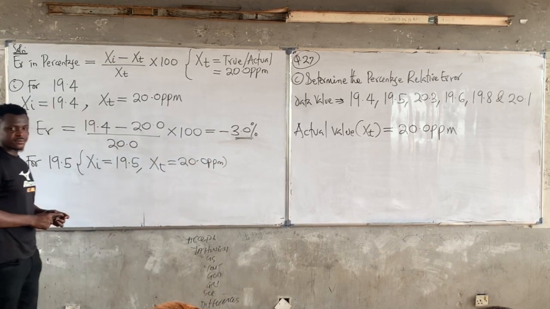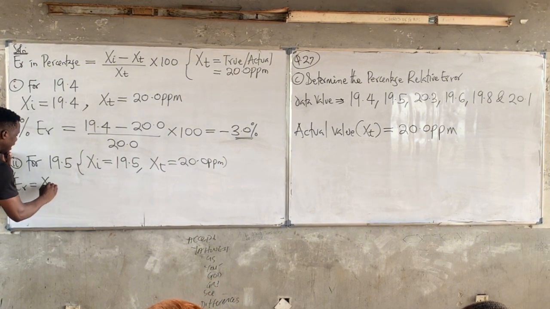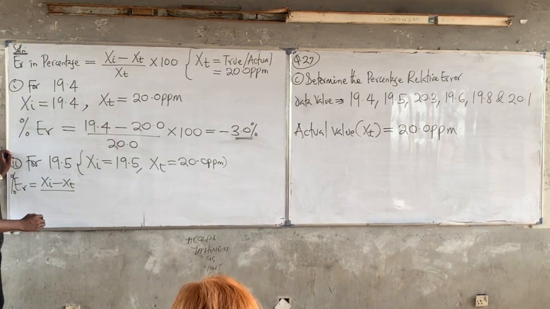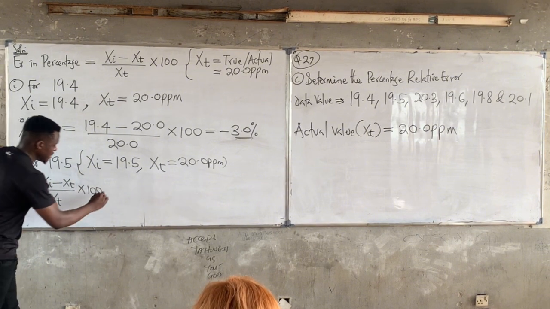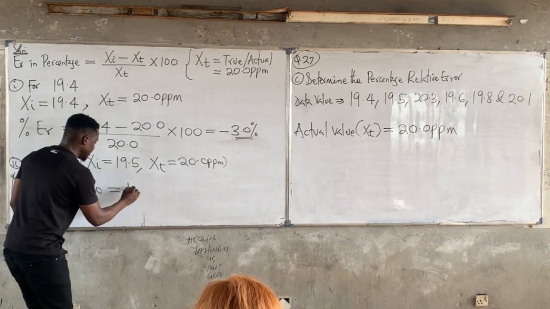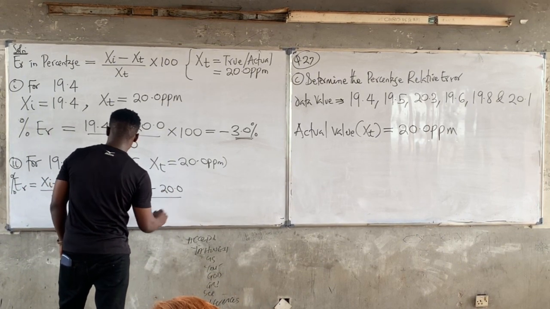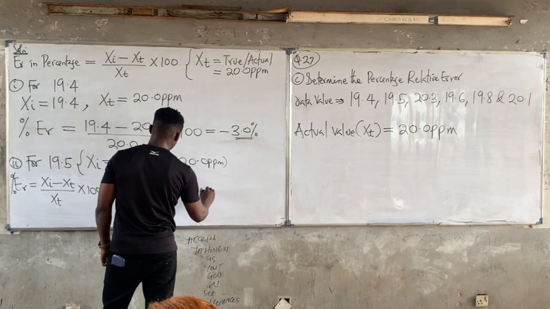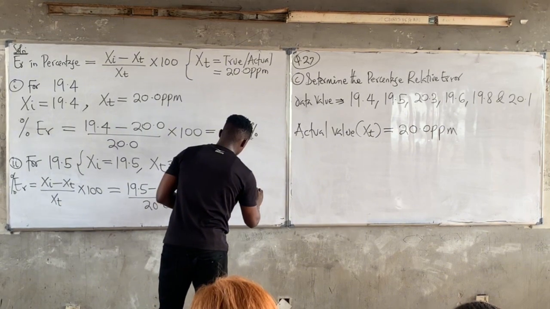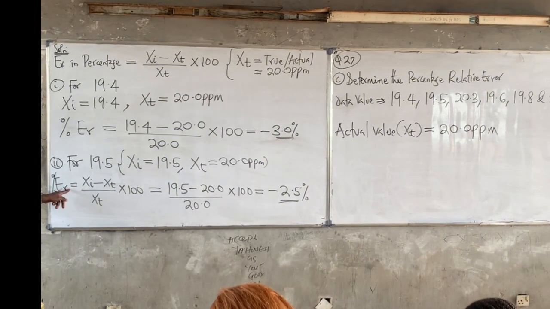So my percentage ER is xi minus xt over xt times 100, which is 19.5 minus 20, and that is the percentage relative error for the second one.